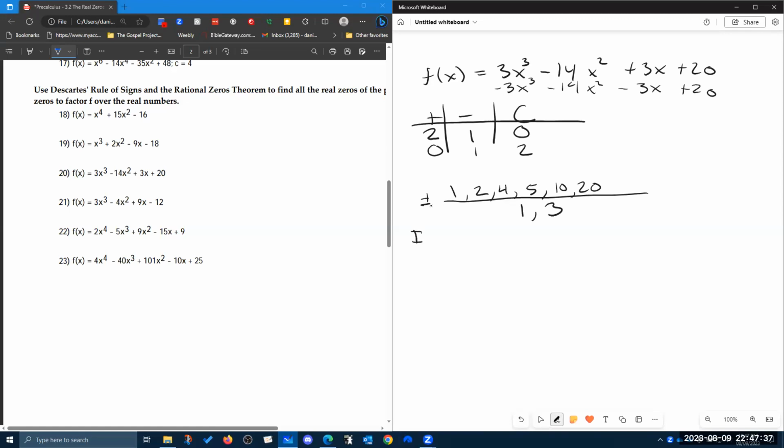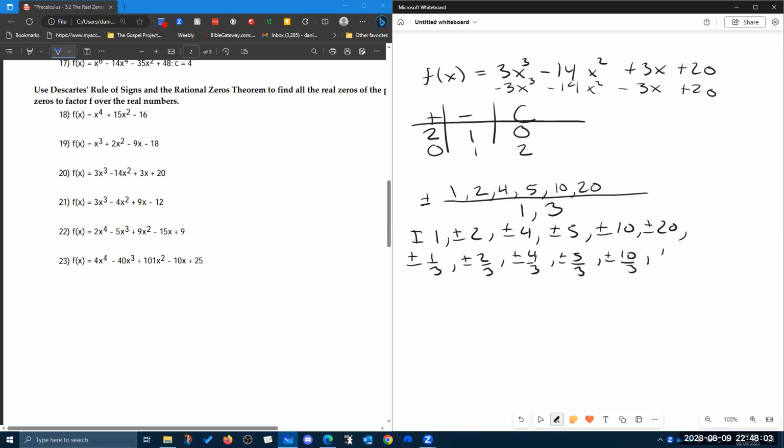So I'm going to have plus or minus 1, plus or minus 2, plus or minus 4, plus or minus 5, plus or minus 10, plus or minus 20, plus or minus 1/3, plus or minus 2/3, plus or minus 4/3, plus or minus 5/3, plus or minus 10/3, plus or minus 20/3. Lots of options there, right? Let's hope that we get to an answer rather quickly here.